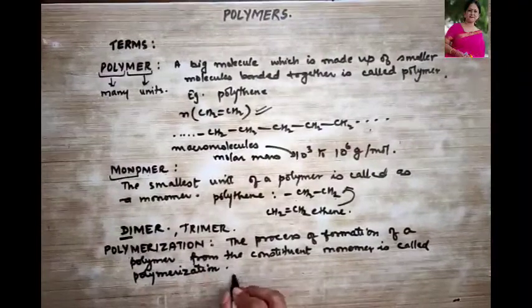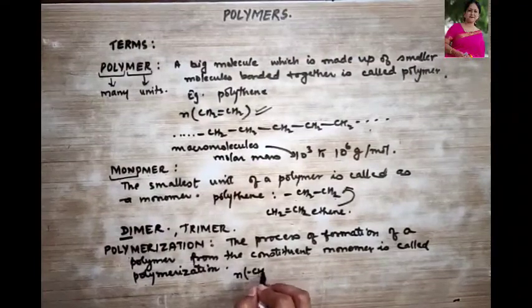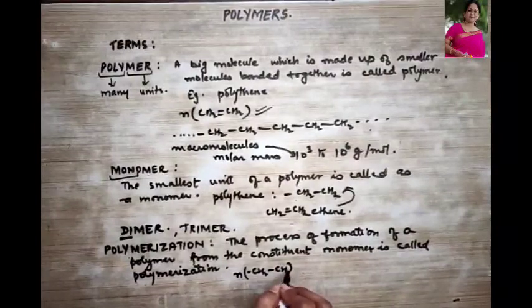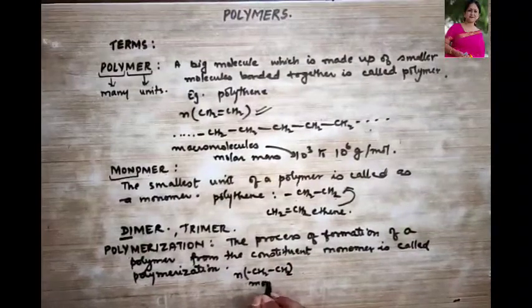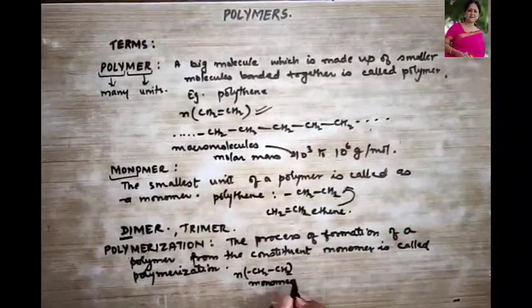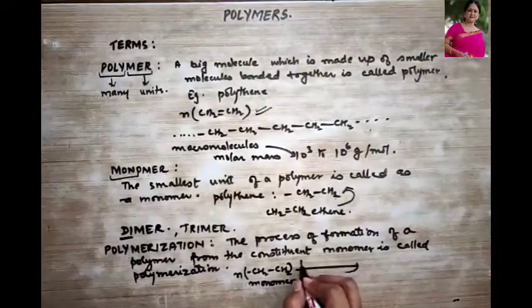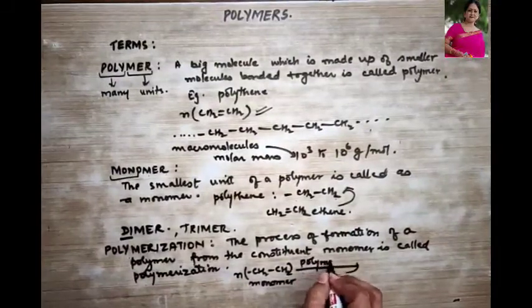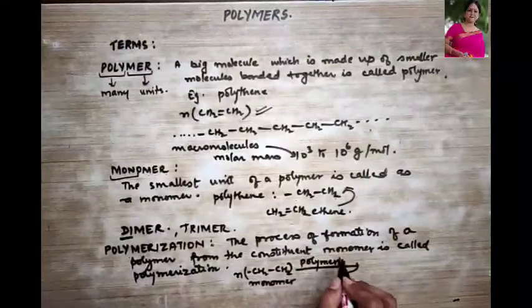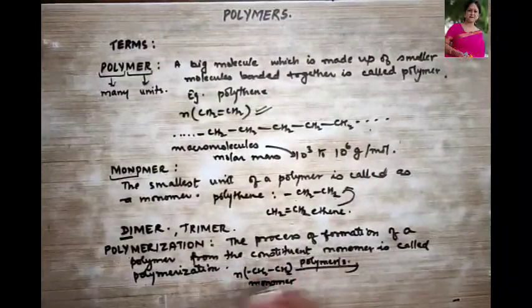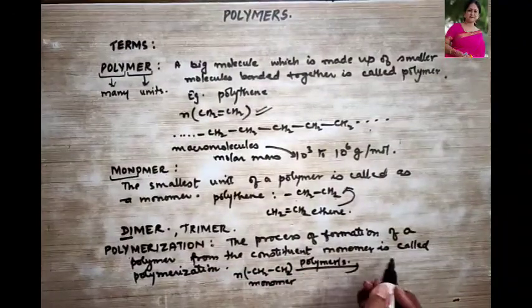Clear? Like for example, n CH2=CH2. Right? What is this? This is a monomer. When polymerization takes place, it is a process, no? The process of formation of the polymer from the constituent monomer.